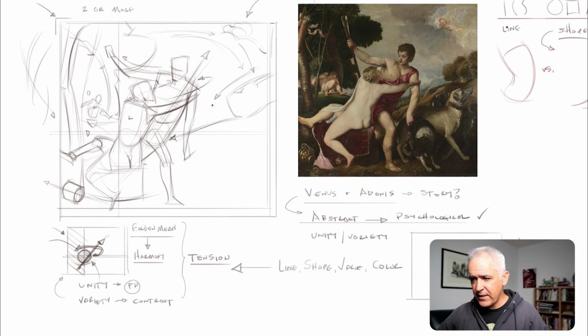So what's going on with these weird dogs down here? I would say the backs and the heads of each of the dogs mimic and repeat the design of the landscape. Each of these heads is mimicking some form in the landscape shape. But as a whole, they also repeat amongst themselves.